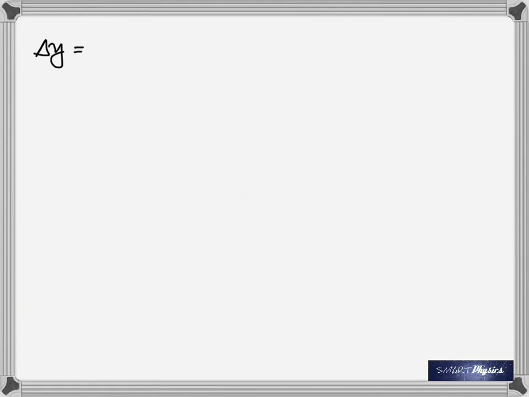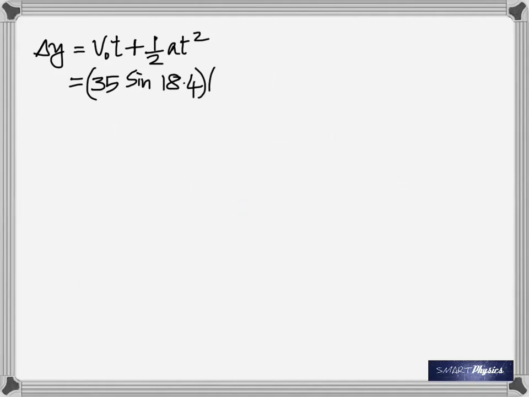And at this time, what is delta y? Delta y would be the vertical component of the velocity, right? So we can use v naught t plus 1/2 at squared. V naught is the vertical component, that's the initial, which is 35 sine 18.4.